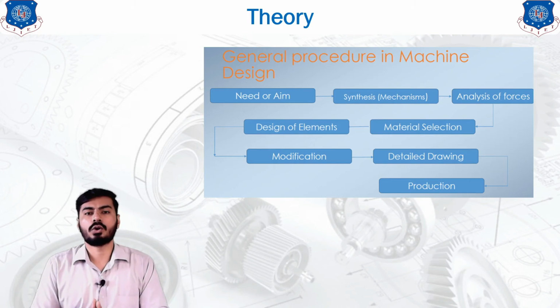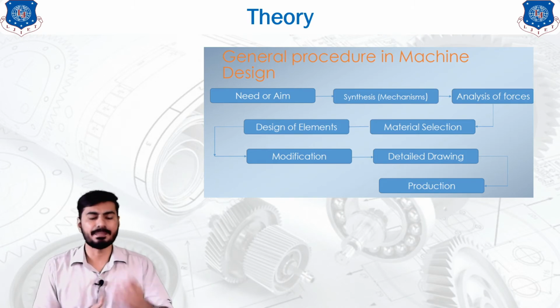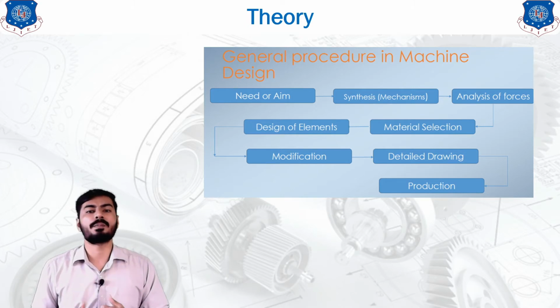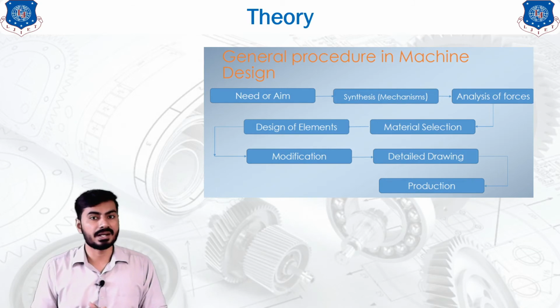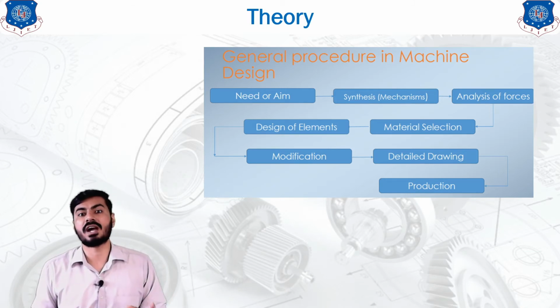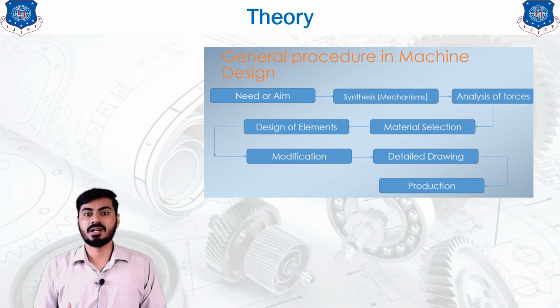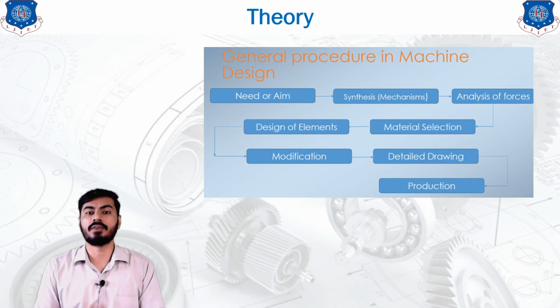Why so? Because whenever a designer is designing any machine component or mechanism, his purpose is to keep the mechanism very safe during any working conditions. So he will try to make the design robust, or very rigid, so that it can sustain any forces that can arise in a working condition.